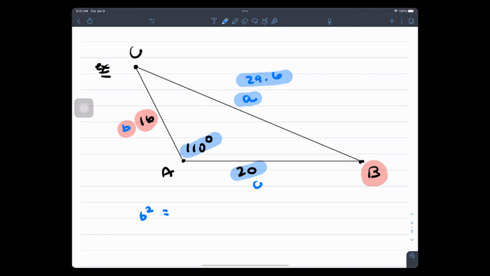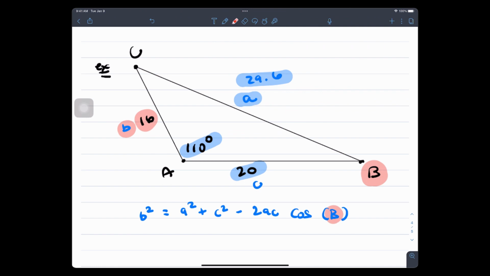And that equals a squared plus c squared. That's the Pythagorean theorem portion, I say. It's not really the Pythagorean theorem, it looks like it. But then this is now 2ac, cosine of B. So I'm using law of cosines. But B is unknown.